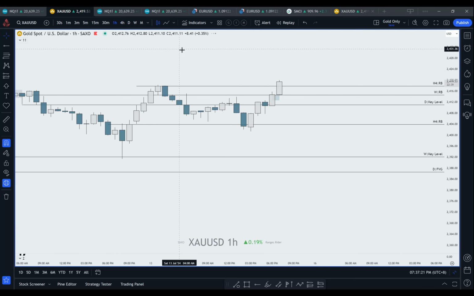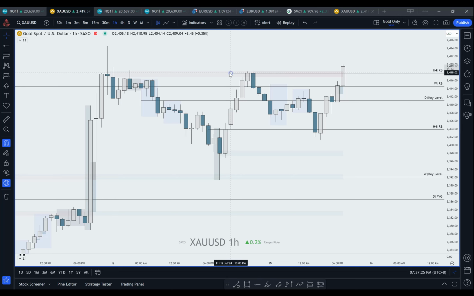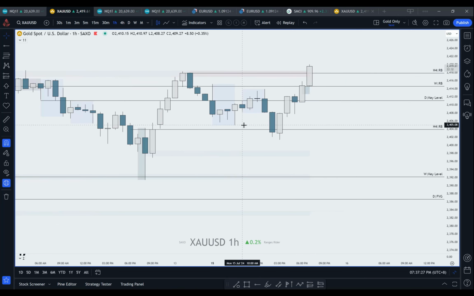Okay. And H1 time frame, what we have? This is where the day started. And this is all the Asian session. So this is the H4. And then these are another H4. So actually two H4 candles. This one and this one. Okay.